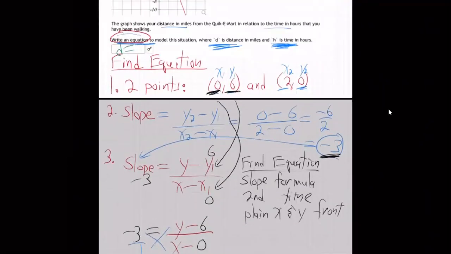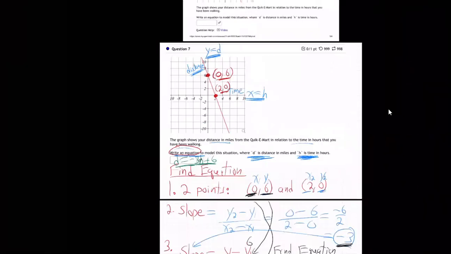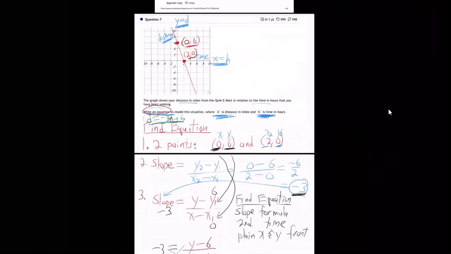Yeah, D equals minus 3H plus 6. Sometimes they give you the D equals already and you just do the right side, but you got to pay attention to whether they have the D there. If they don't have the D there, you got to supply it. So they don't have the D there, we have to supply it. So there we go on that one.